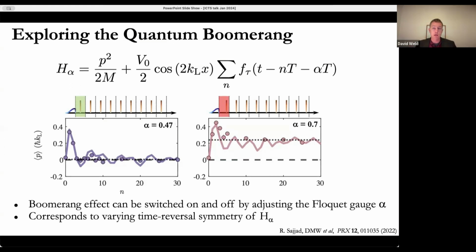And yet you see that if you adjust the value of this parameter alpha, which is how much of a period you wait, too far from 0.5, the quantum boomerang effect no longer occurs. So the red points in the right-hand graph show that the particle propagates away from the origin, comes back a little bit, but comes to rest some distance from the origin, more or less as one would expect classically, but not exhibiting the quantum boomerang effect.